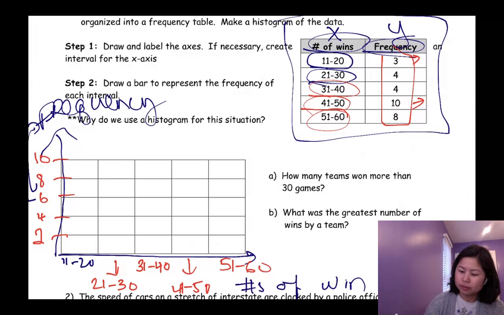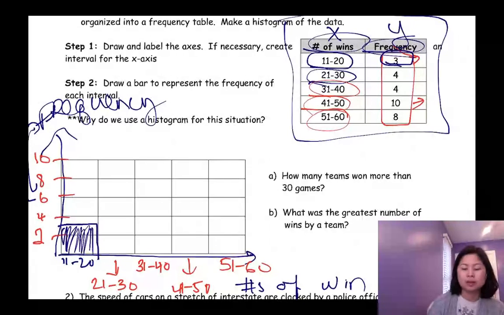Okay, so the frequency is 3 for the first class. Look over here, 3, it should be between 2 and 4. So this is my first box, the bar graph. So I create that bar. Now I remind some of you that there's no space in between. The next one is 4, which is right here.